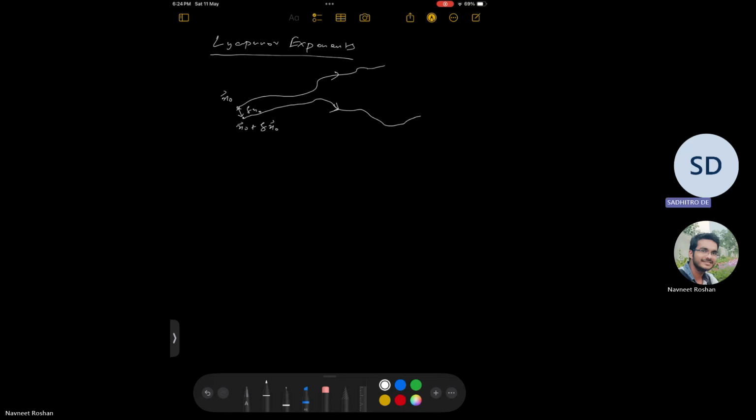So the next question is, this is at time t equal to 0, and suppose at time t equal to t, this trajectory comes somewhere over here. We call this location x2 at time t, and this is x1 at time t.